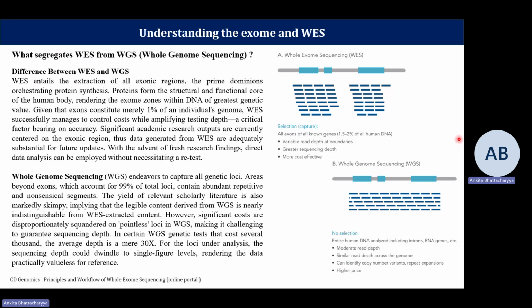All parts are characterized. Whole genome can go only to moderate read depth, versus whole exome sequencing, which gives you variable read depth, has much greater sequencing depth, and is also more cost effective, whereas whole genome has a higher price.